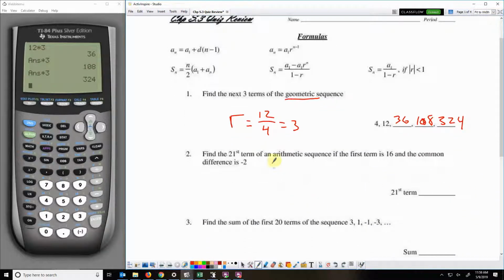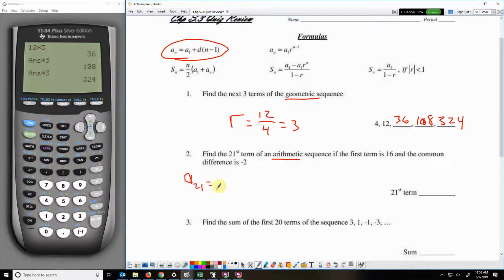Find the 21st term of an arithmetic sequence. If the first term is 16 and the common difference is -2, I want a sub 21, and I'm going to use this formula right here, by the way. This helps us find a term in an arithmetic sequence.